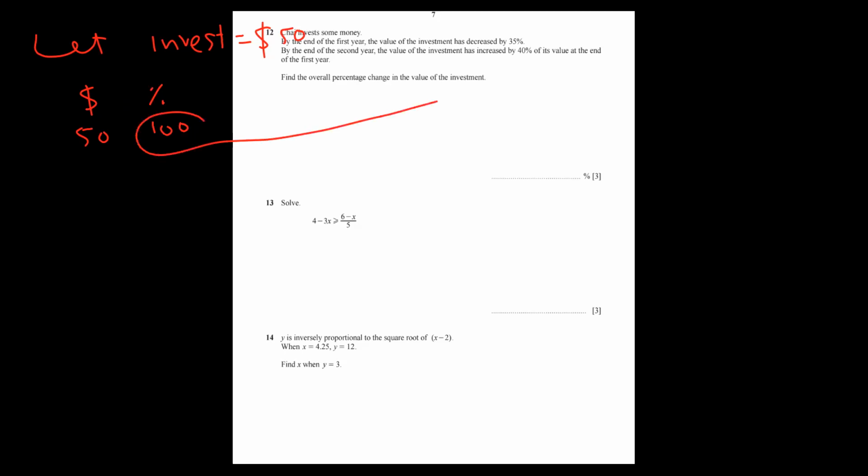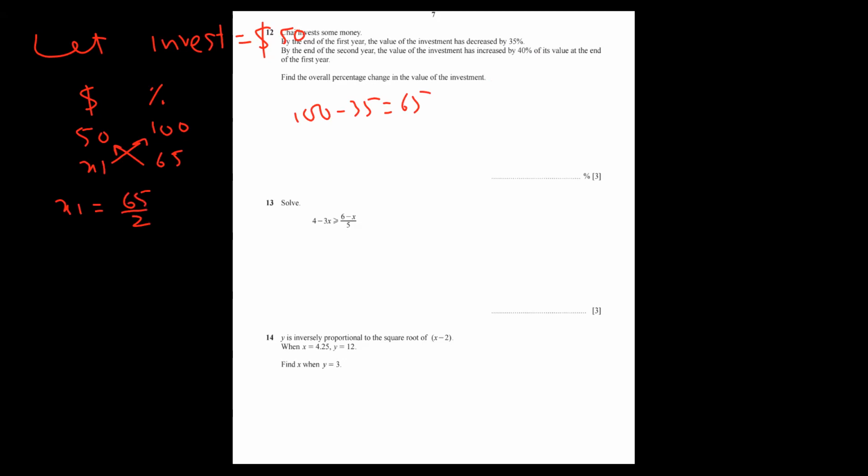Now from this 100%, 35 decrease, and in common sense, from 100, a 35 decrease becomes 65% left. So 65% equals to what? Cross multiply in this way, I will find the first value. You can see here, 50 times 65 divided by 100, and I'm getting 65 upon 2 dollars.